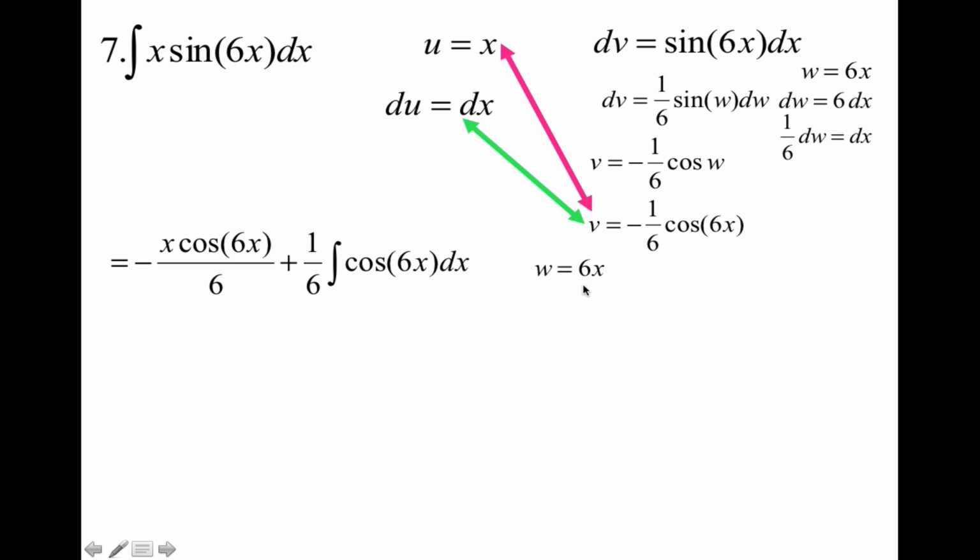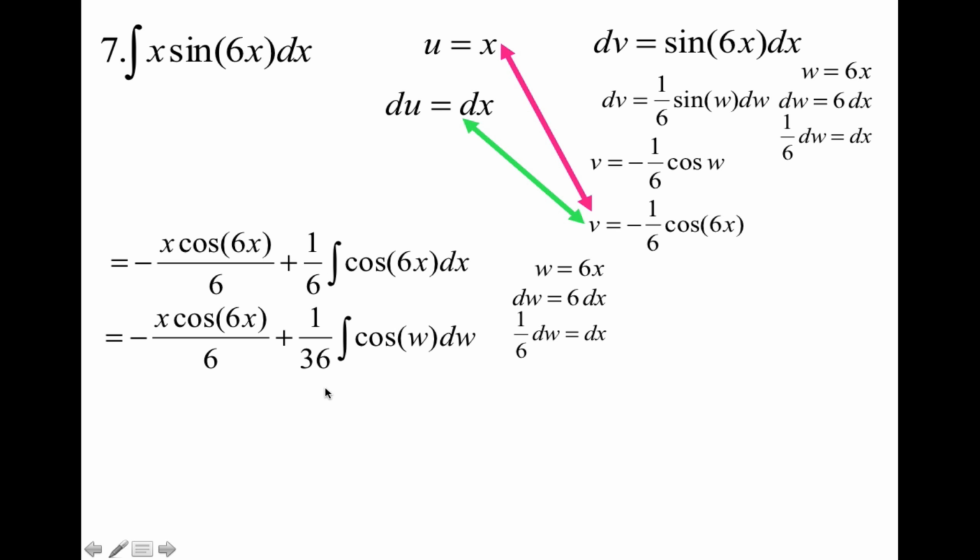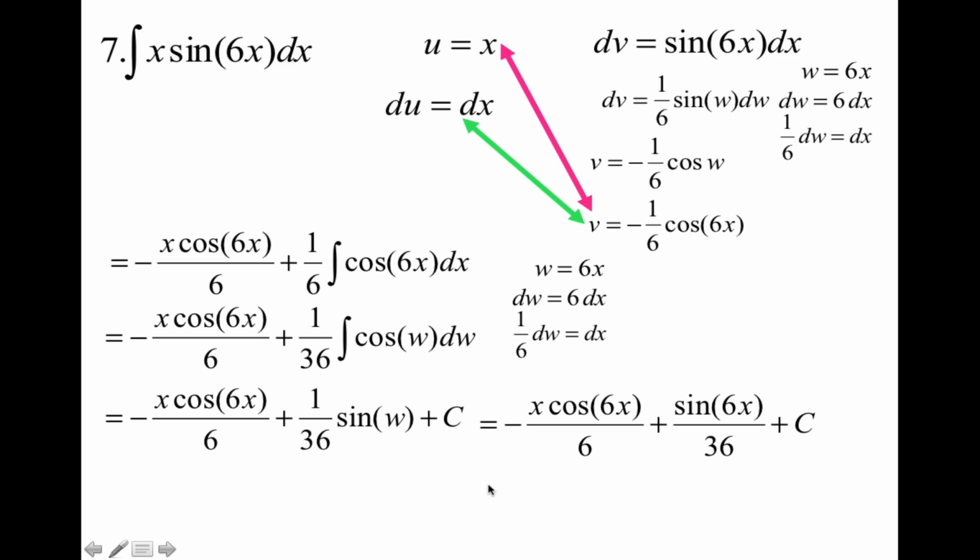So that means my inner function 6x, my derivative is 6 dx, multiply both sides by 1/6. So now I am integrating the following. And this 1/6 just multiplied this 1/6. That's where the 1/36 comes from. Antiderivative of cosine is sine. And then, of course, replace w with 6x. So there is your final answer.